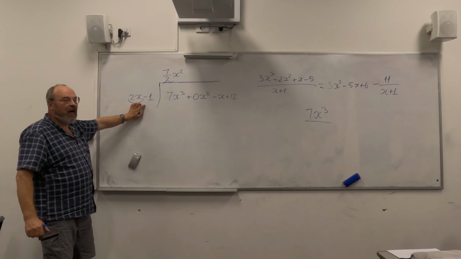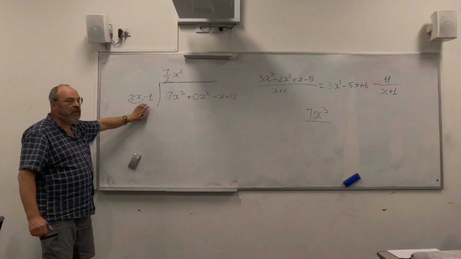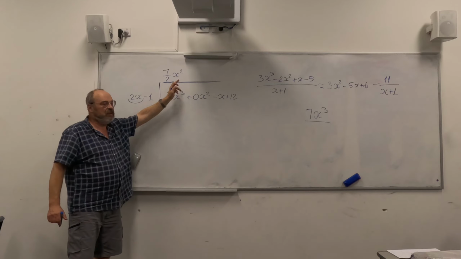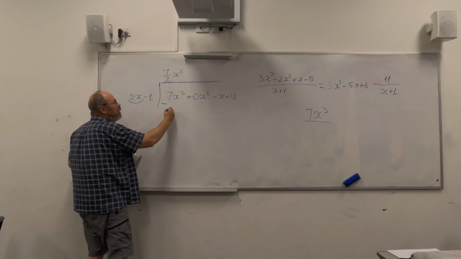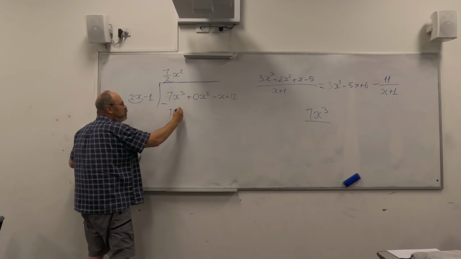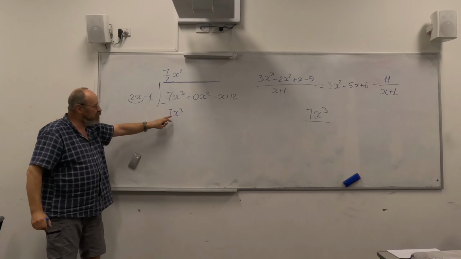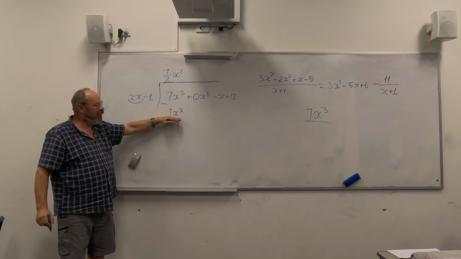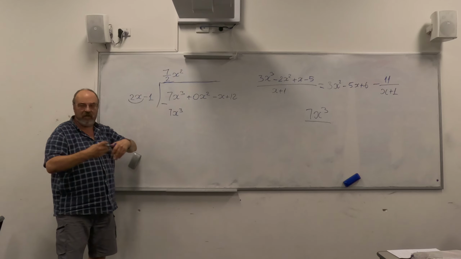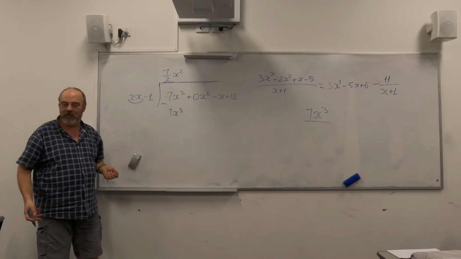Now we multiply 2x minus 1 by this, and we put it below and subtract. 2x times this will be 7x cubed. If you get something not equal to this, it means you got something wrong, because you must get the same term and subtract it to get 0.